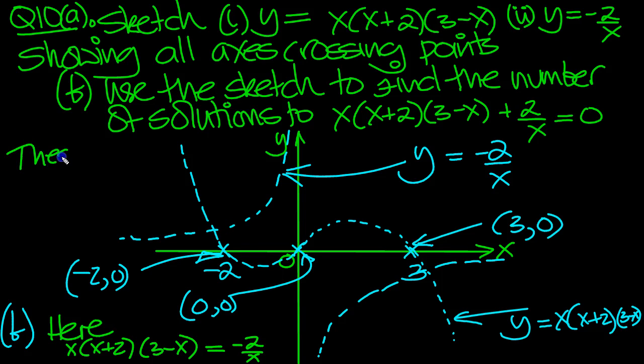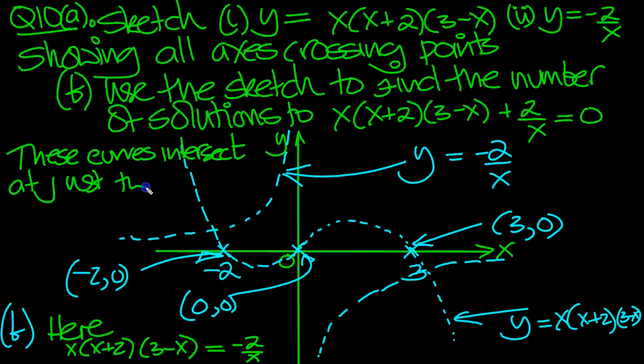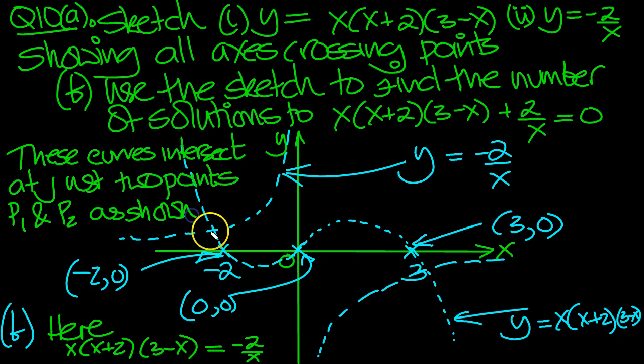These curves intersect at just 2 points, and we can label them P1 and P2 as shown. So here's P1, and the other intersection point was here, which is P2.